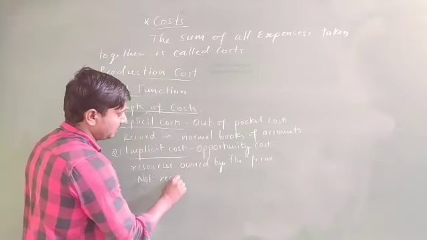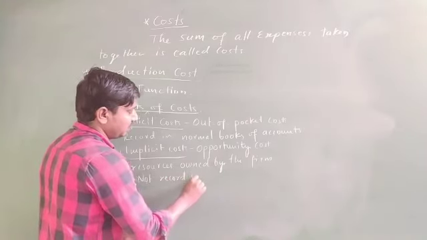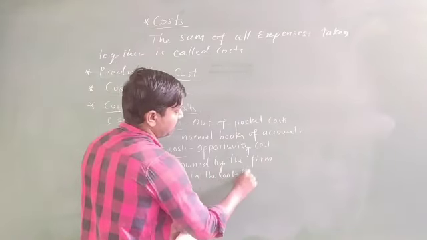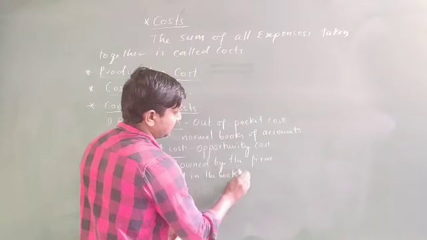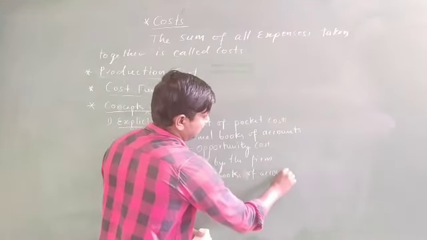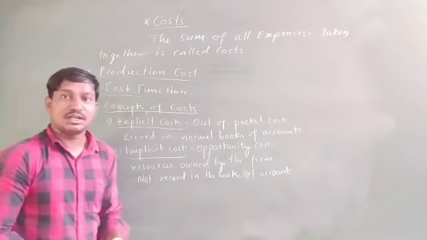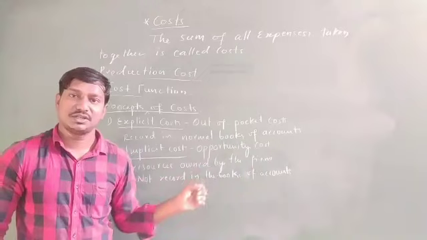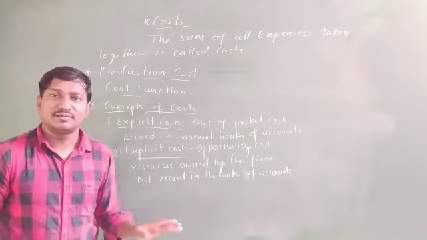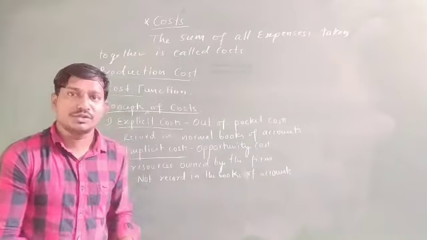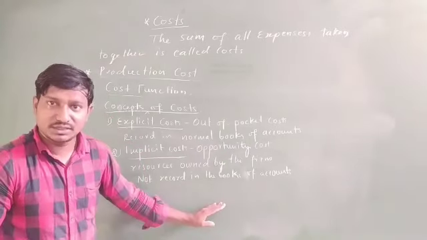These are not recorded in the books of accounts. One example, as I already mentioned, is opportunity cost. Take for example the owner who is unable to generate more from his own resources.